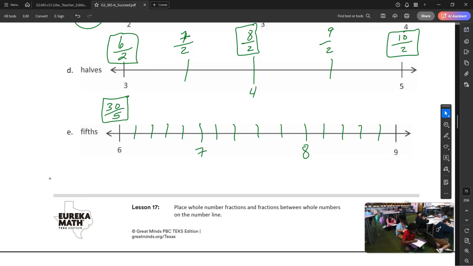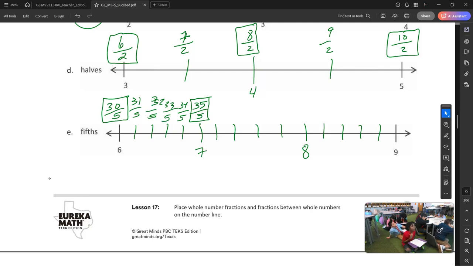Now all I do is continue. 31 fifths, 32 fifths, 33 fifths, 34 fifths, 35 fifths. That's another whole. How do I know?